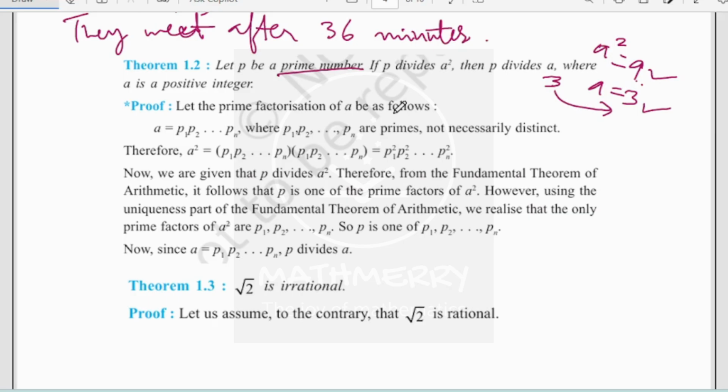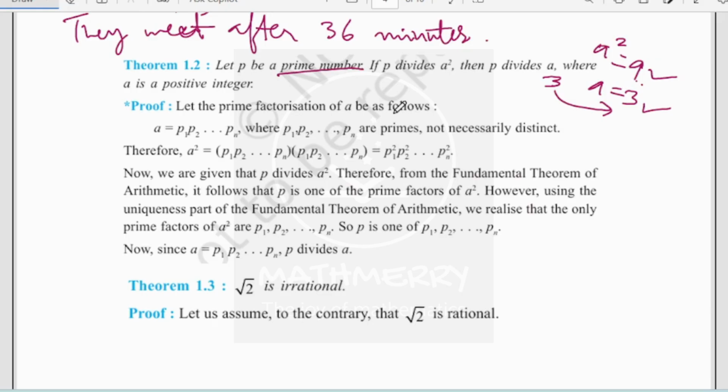Now again we are writing A square, so that means we have to multiply these factors twice. So P1 into P2 etc. up to Pn into P1 into P2 etc. up to Pn. So this will give us P1 square into P2 square into P3 square etc. up to Pn square.